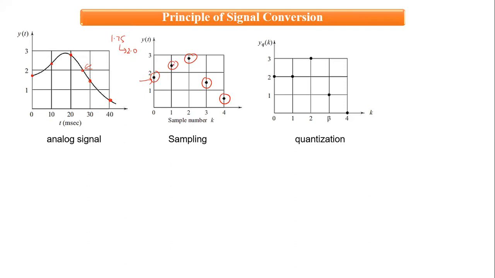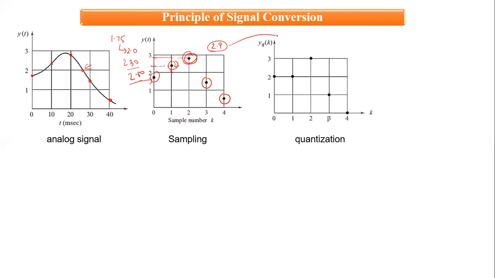In this case, if you see the amplitude of this sample, it is almost, let us say, 2.30, for example. So we have again rounded off this sample to 2.00, and here in this case the value of the amplitude is almost 2.9, for example.